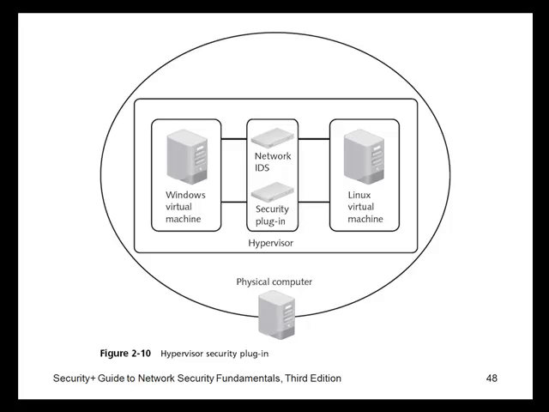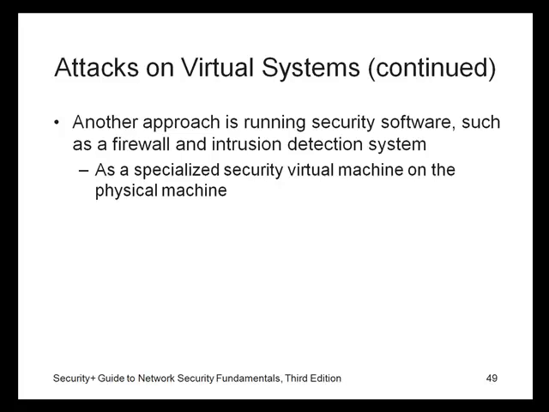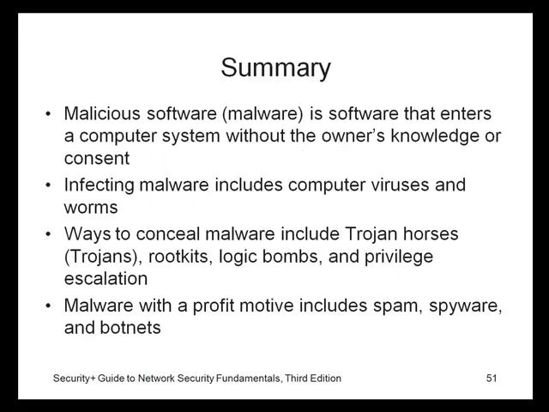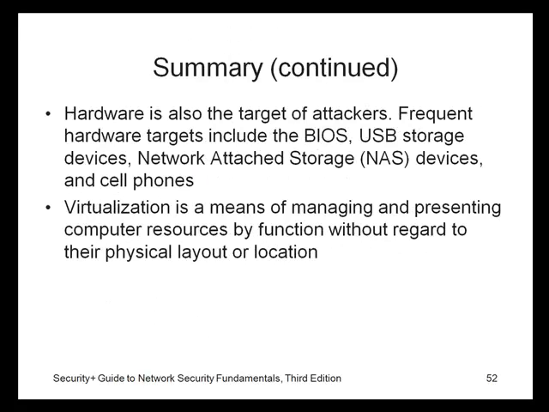An IDS sits off to the side and watches, and an IPS is in line with the traffic flow. Where are we going to put these things? Security software such as a firewall, an intrusion system, a specialized security virtual machine on the physical machine, and you can do a number of those things.